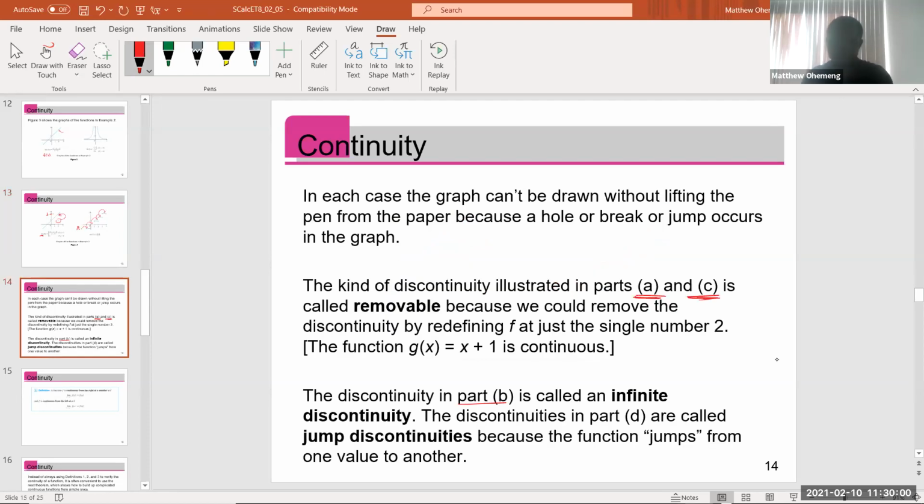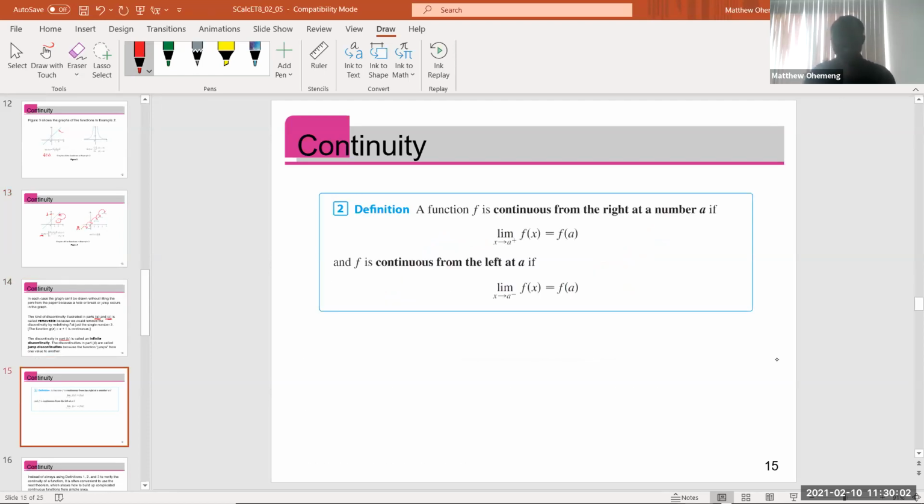Okay, then let's move on. Just as we have continuity in general at a point, we can also have one-sided continuity. A function is continuous from the right if this time you're not looking at the two-sided limit, the limit as you approach from the two directions. You're looking at it from the right or from the left. So the function is continuous from the right at a number a if the limit as x approaches a from the right of the function is equal to f of a.